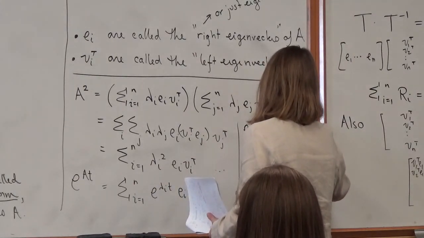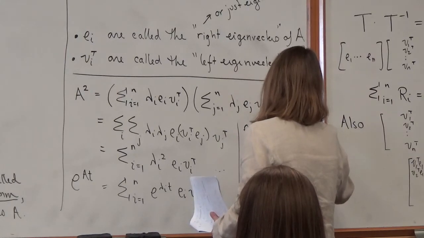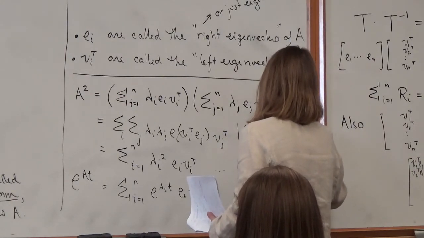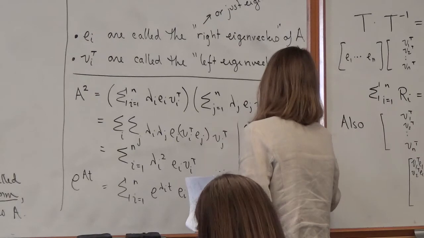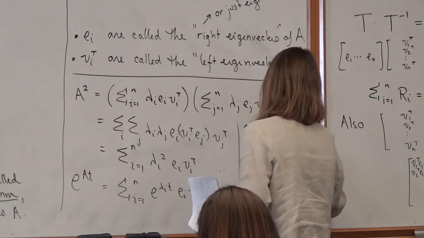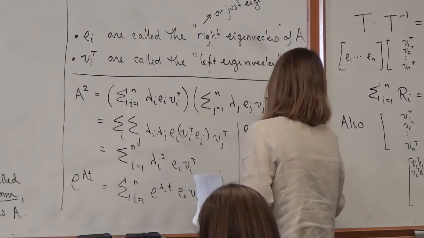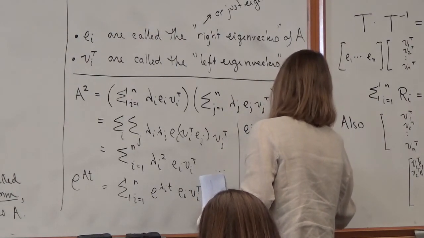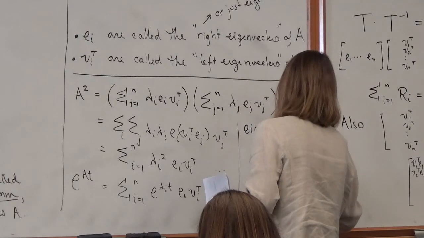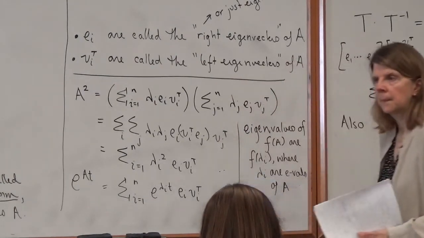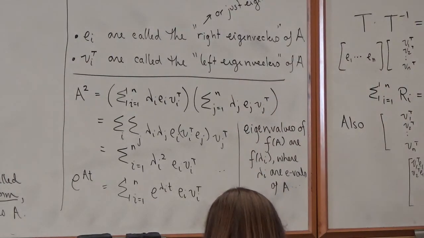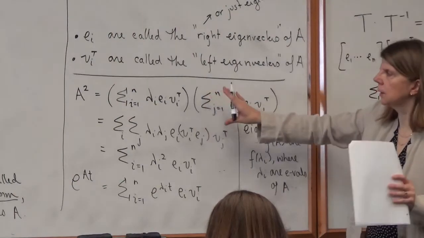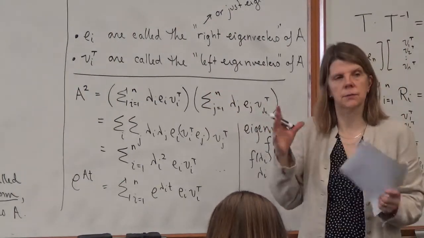Eigenvalues of f of A are f of lambda i, where lambda i are the eigenvalues. It works for polynomials. Polynomials are always particularly easy because of the Cayley-Hamilton theorem.